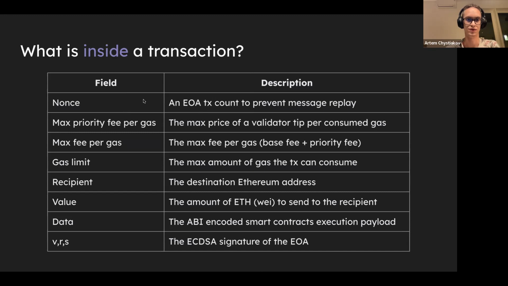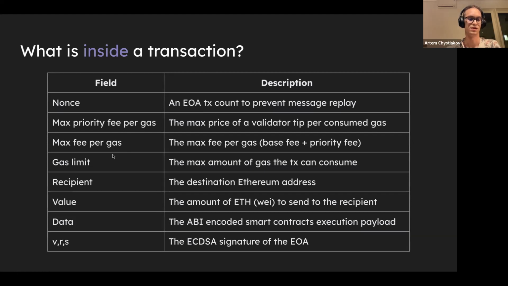How does a node differentiate between real and fake transactions? Actually, a node has a lot of protection mechanisms. First of all, it checks the validity of the data. So for example, a value can't be negative or something like that.